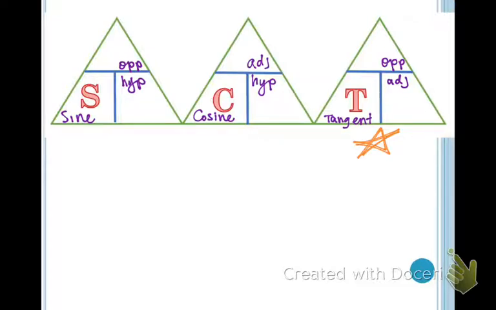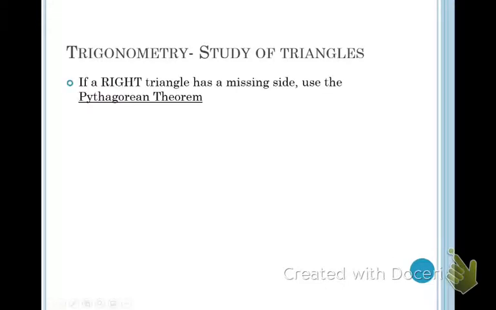Trigonometry is the study of triangles. We talked about that. If a right triangle has a missing side, you use the Pythagorean theorem. Also a good way to know is you're given two sides, and you'll be asked to find the third side.